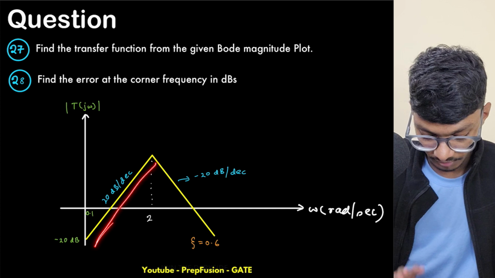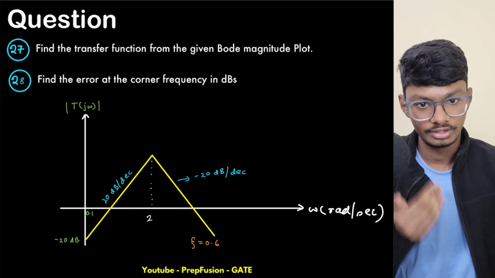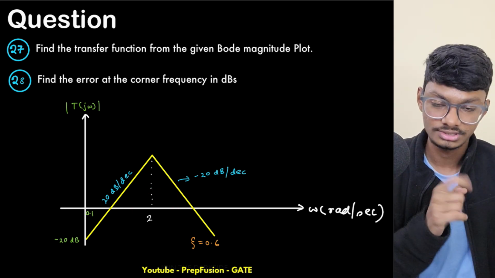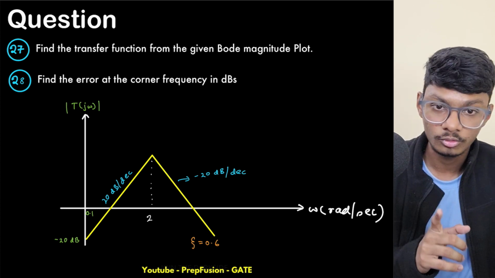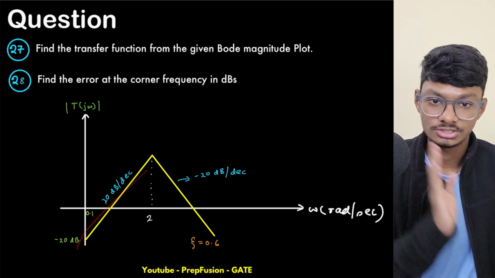We are observing that suddenly my slope is changing from 20 dB per decade to minus 20 dB per decade. So minus 40 dB per decade change, 2 poles at this corner frequency. So a zeta based system, second order, simple. But what other thing I'm noticing, to find the transfer function, is that I have a zero at the origin also.